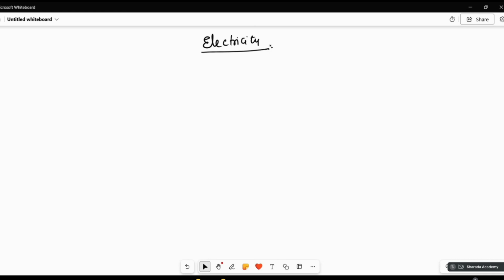The flow of charges in a particular direction, we call it as a current. So what type of charges?